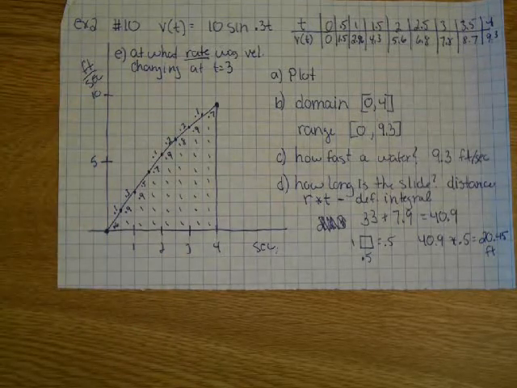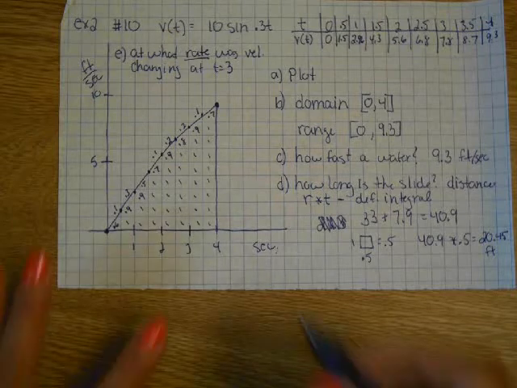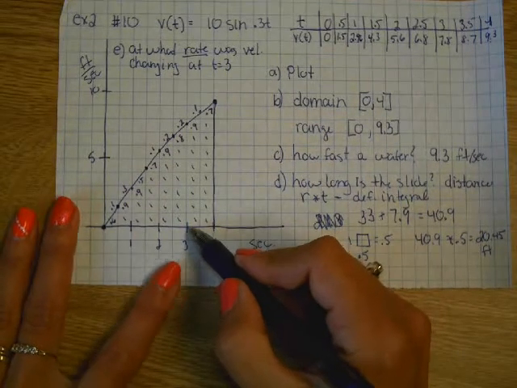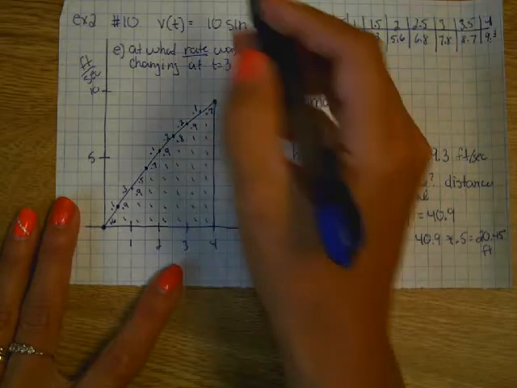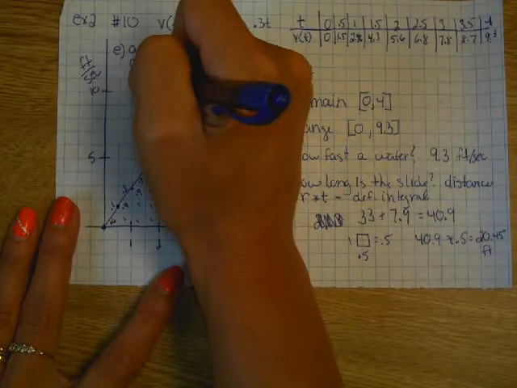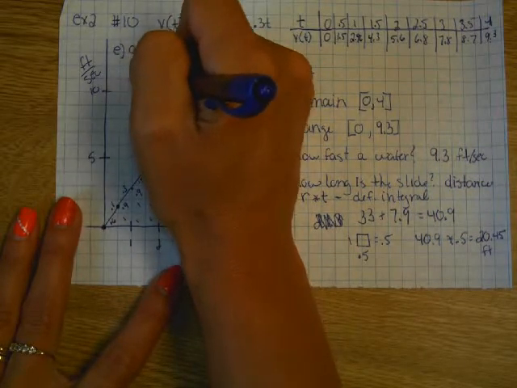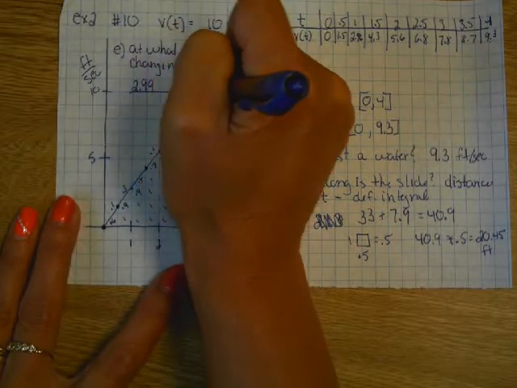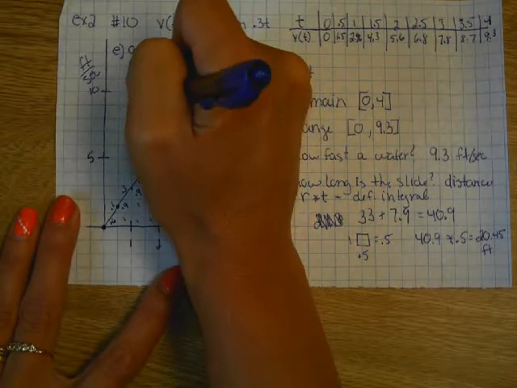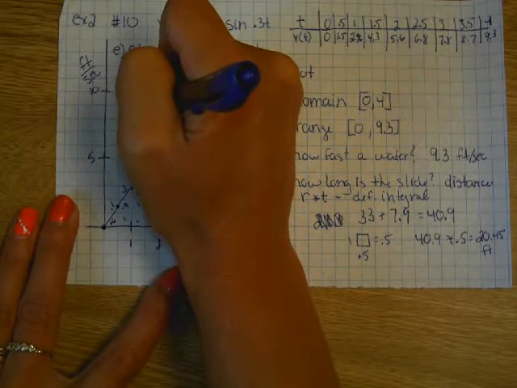Okay, that rate, that's our derivative, that's our 3-point table. So I want to do a 3-point table around 3. So I'm going to go close to 3. I'm going to stick with that 1/100th away. So my 2.99, 3, and 3.01.